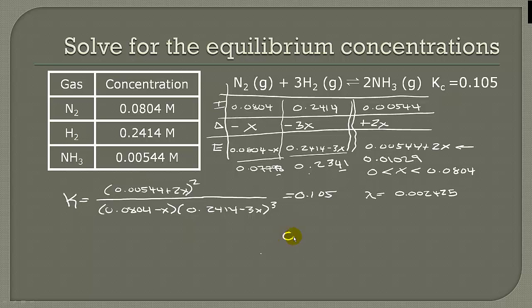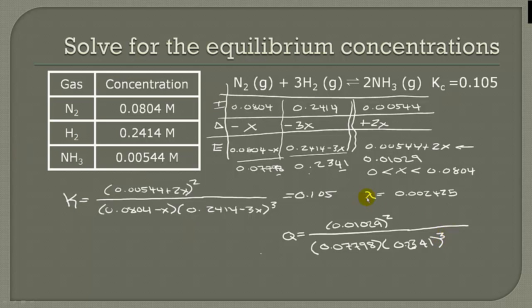So Q is going to be the concentration of NH3 squared, so that's 0.01029 squared, and then divided by 0.07798 times 0.2341 cubed.